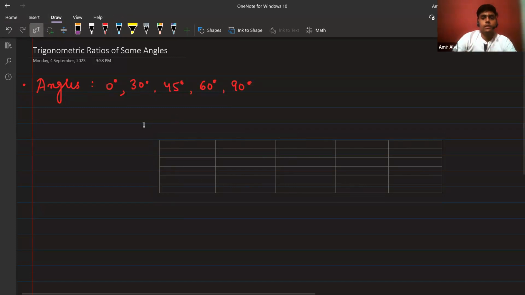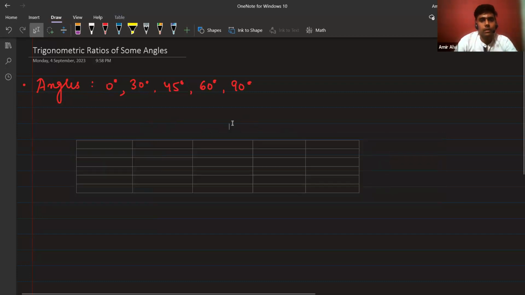Let me write down the heading as well on this. It would be the angle table, or the values, some specific values.